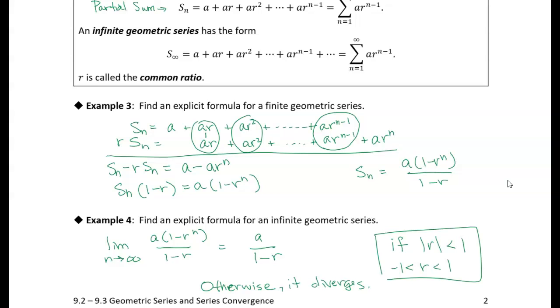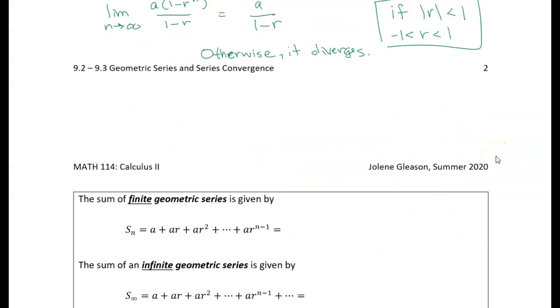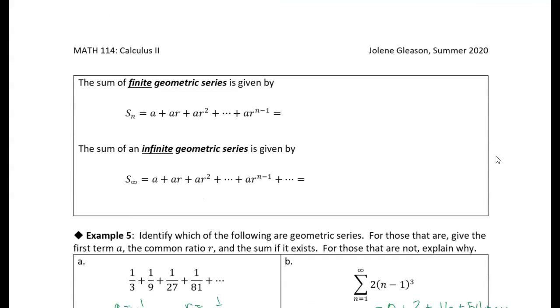Okay, so these are important results. So I've got a table here that I'm going to fill out just so you can keep this handy. So we have a nice handy formula for the sum of a finite geometric series, and it's just a times 1 minus r to the n all over 1 minus r.